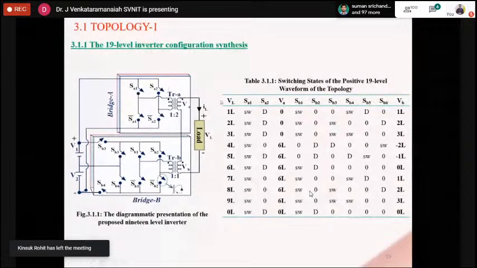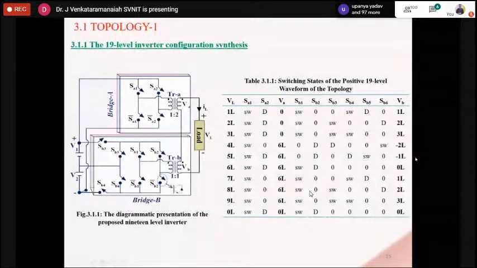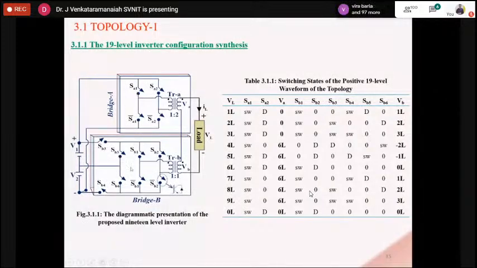So that's why I'm explaining only the positive 9 levels. Here you see one H bridge, and in bridge B we also have another H bridge. So the complete operation generates this part.